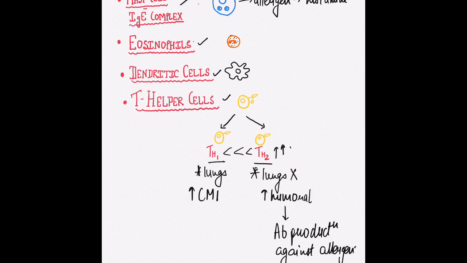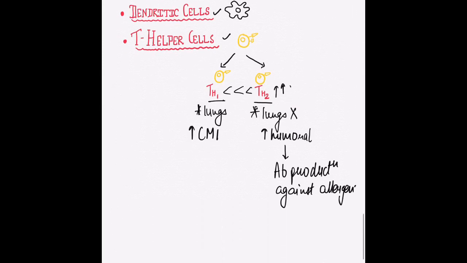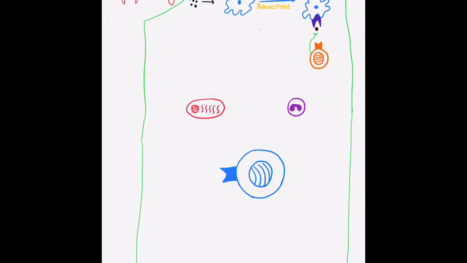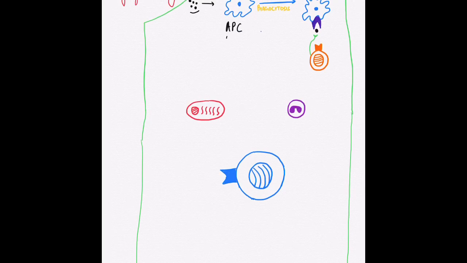Now, let us see how these cells work together and precipitate the attack of asthma. Okay, so first of all, the allergen comes inside the lungs. Maybe it's dust, maybe it's animal hair, or any other allergen. This allergen is going to come in contact with a specific type of antigen presenting cell, such as a dendritic cell or macrophages.